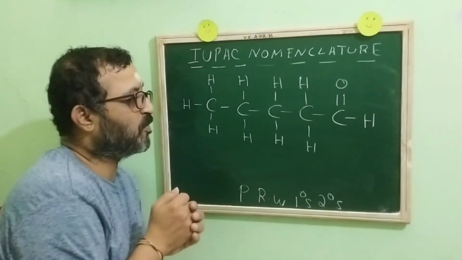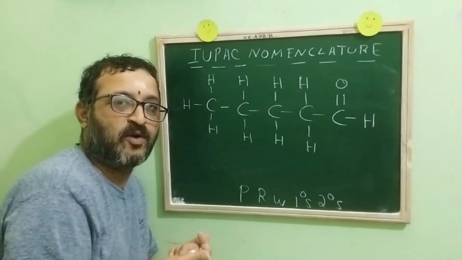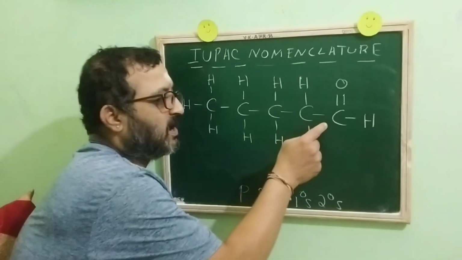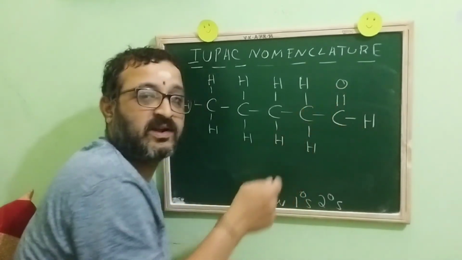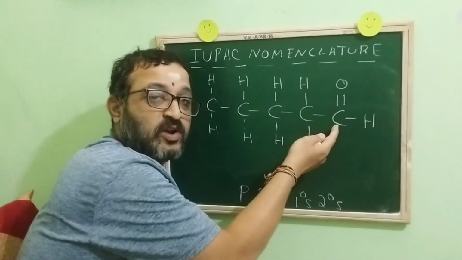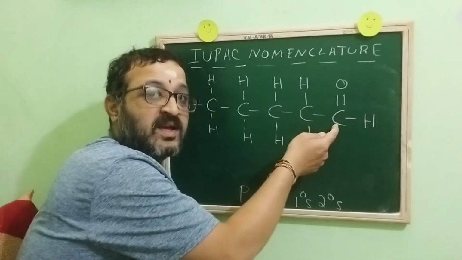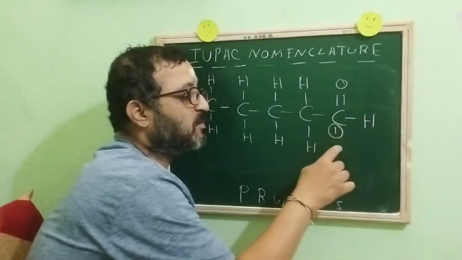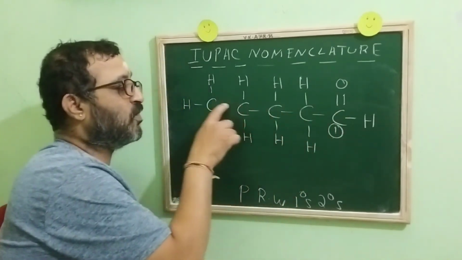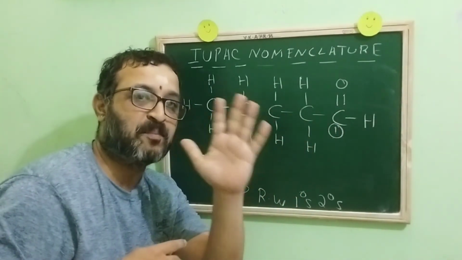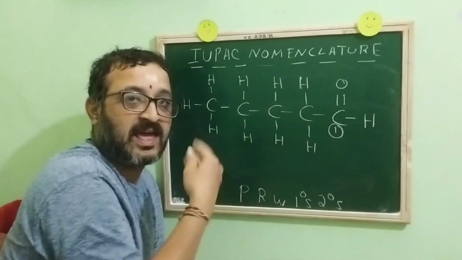This is the next compound. What is the root word for this compound? Right. What is the functional group present in this compound? CHO, that is what? Aldehyde. So, as I told you, this is also a functional group which has what? Carbon in it. So, I have to number this carbon as what? 1. So, including this carbon, 1, 2, 3, 4, 5. The root word will be what, children? Pent. Single, single, single: ane.